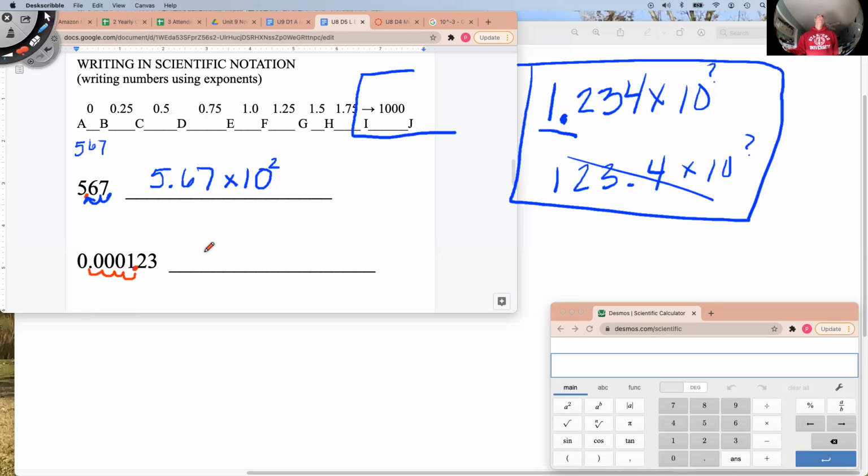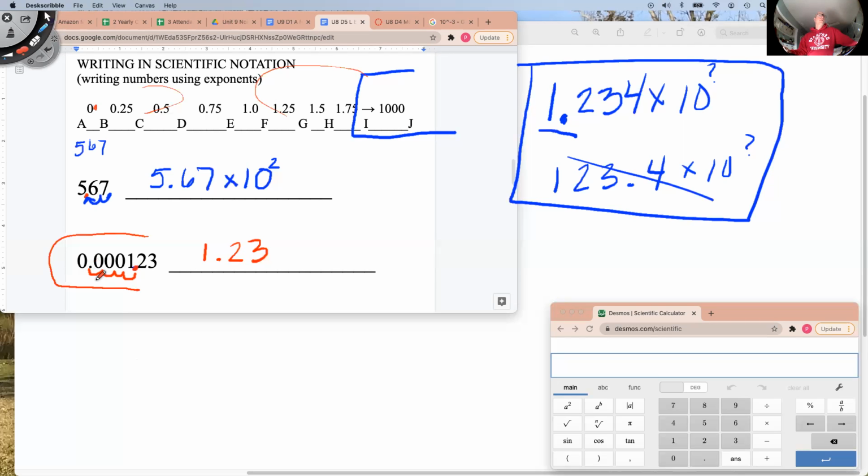Now, 1.23. And we moved it 4 times. And now here is the important part. Is this a number bigger than 1 or smaller than 1? Is it one of these big numbers over here, or is it one of these small numbers? This is a small number. It's going to go right next to 0, which means since it's a number smaller than 1, we're going to use a negative sign.